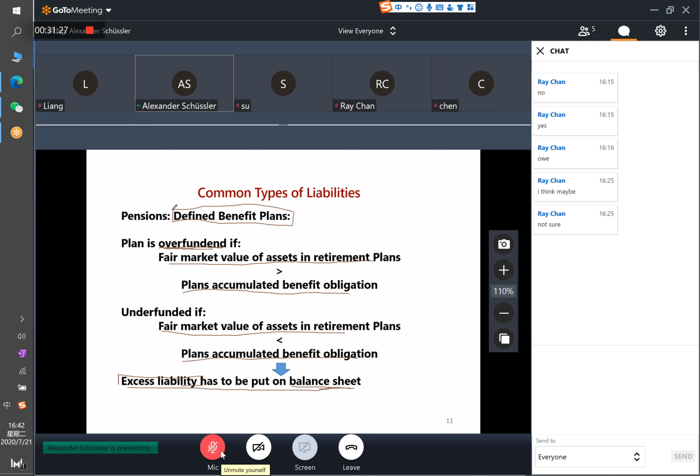If the defined benefit plan is underfunded, which means that the market prices of the assets are lower than the benefit obligation, there is an excess liability which has to be put on the balance sheet.